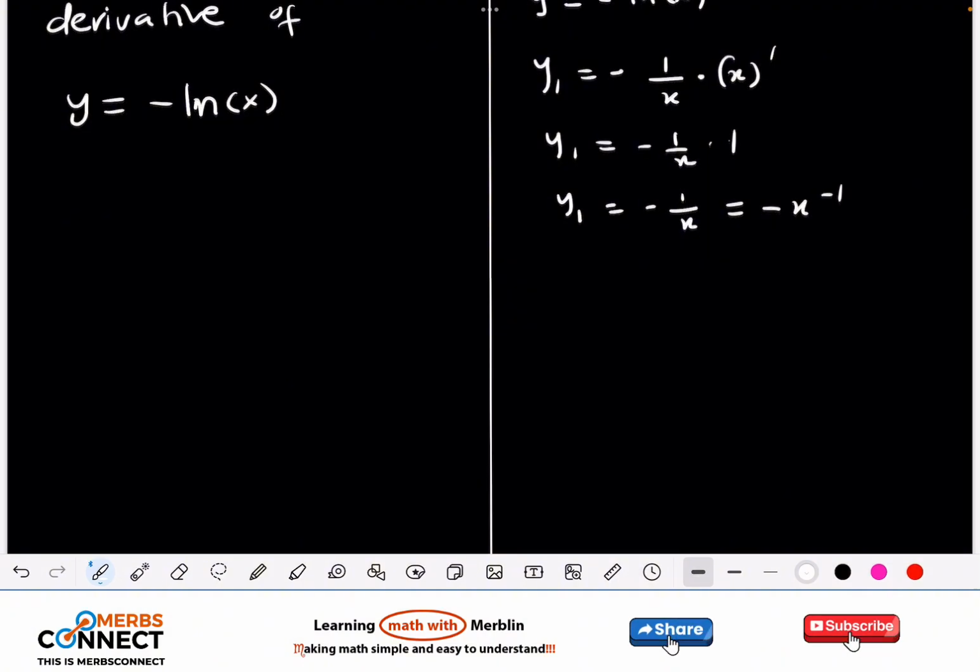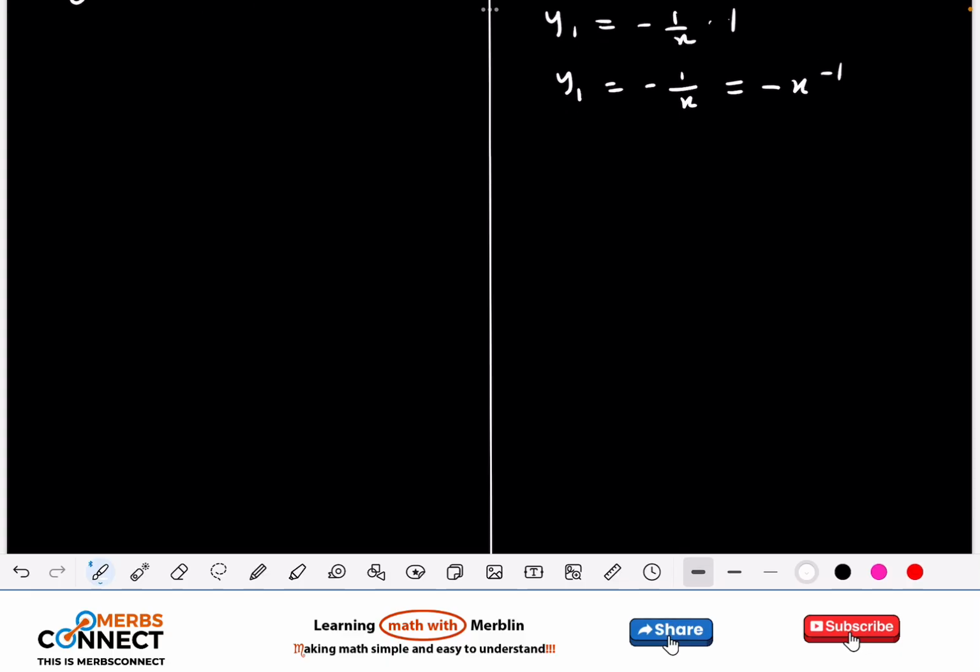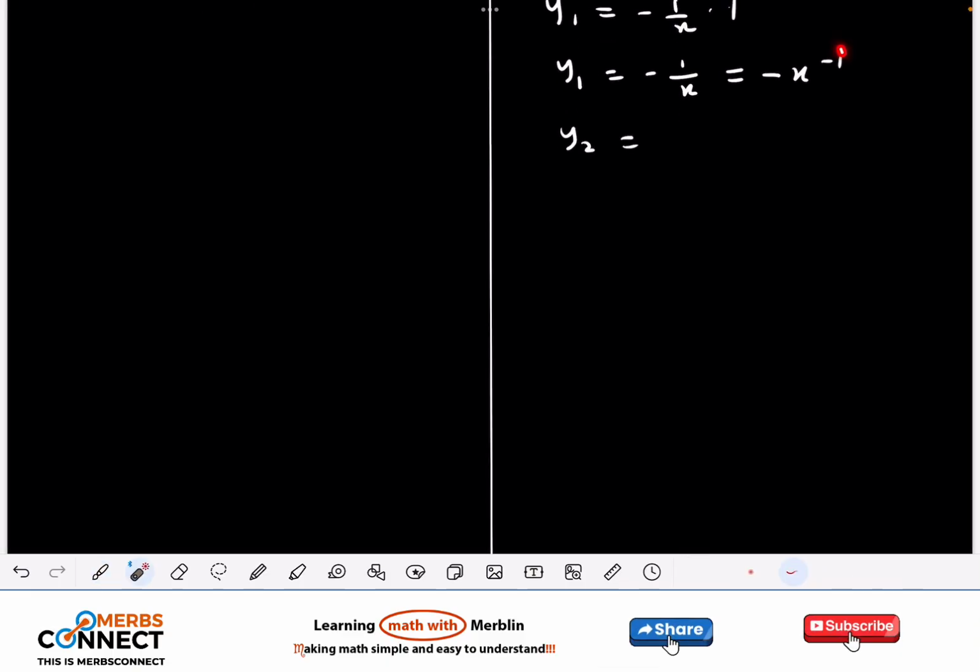So now we can follow the pattern to do the differentiation. What will be y2? When I'm using the power rule, minus 1 will drop, come and multiply the minus, giving us positive, then we subtract 1. So we are going to have negative 2, right? So negative 1 will drop, making this positive.